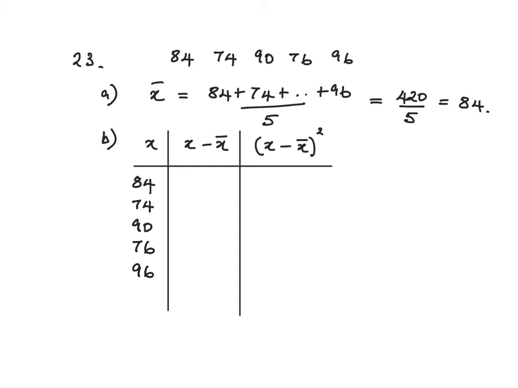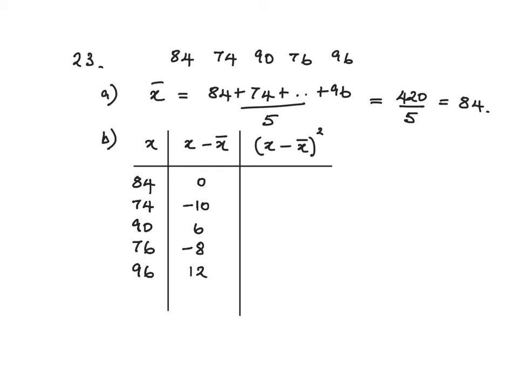So 84 take away 84 is 0. 74 take away 84 is negative 10. 90 take away 84 is 6. 76 take away 84 is negative 8. And 96 take away 84 is 12.